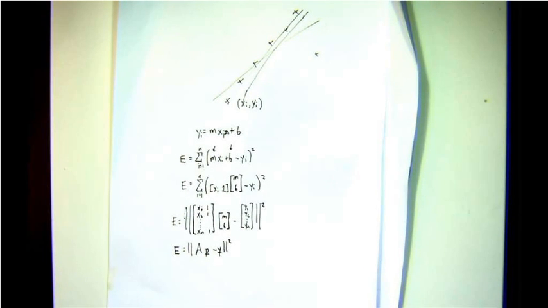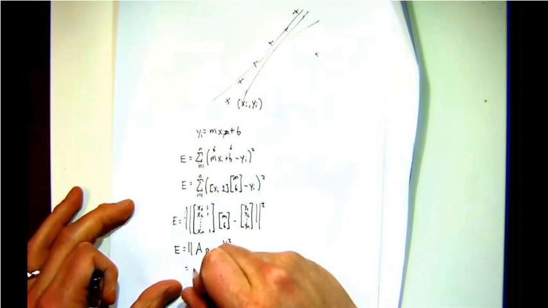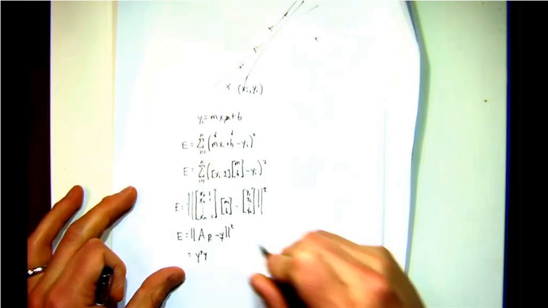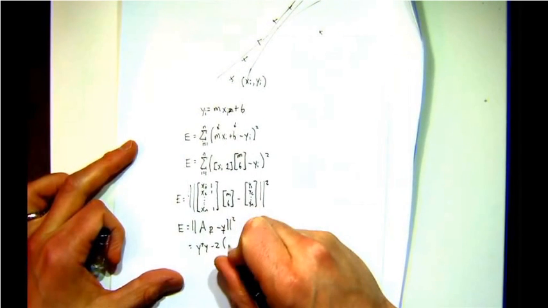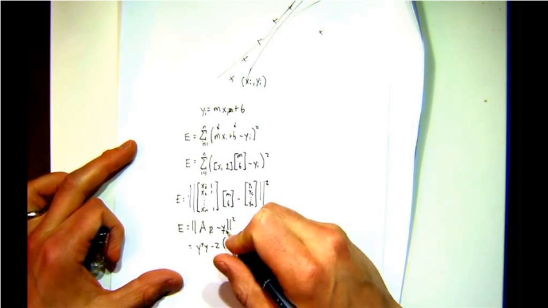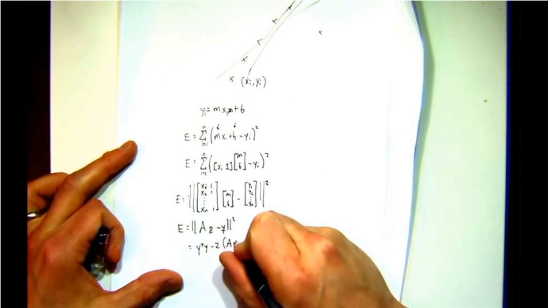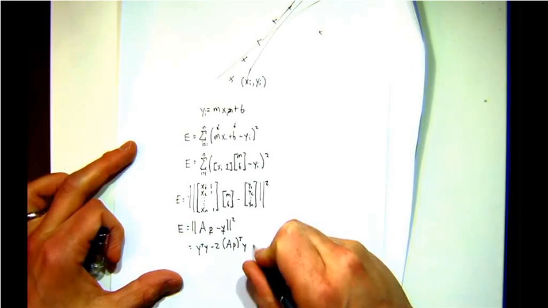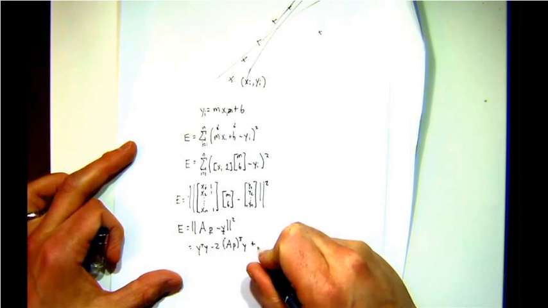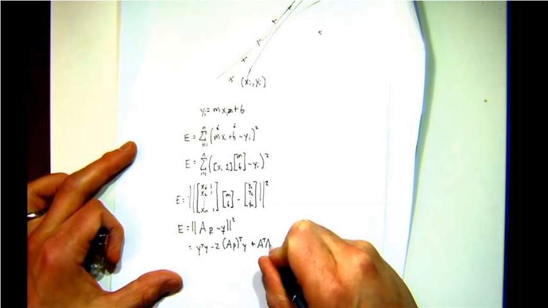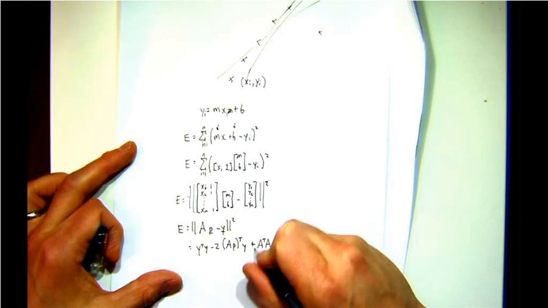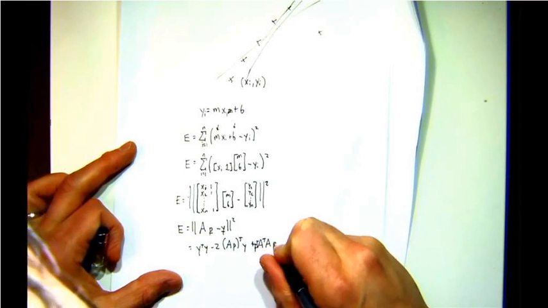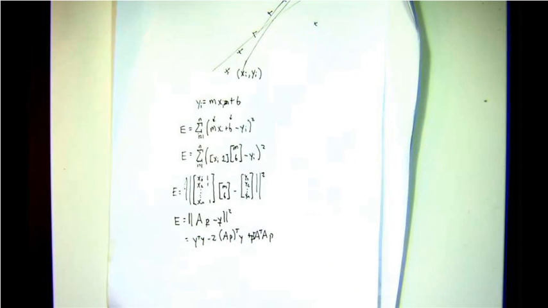So this is equal to Y transpose Y minus 2 times P transpose A transpose Y plus P transpose A transpose A P.